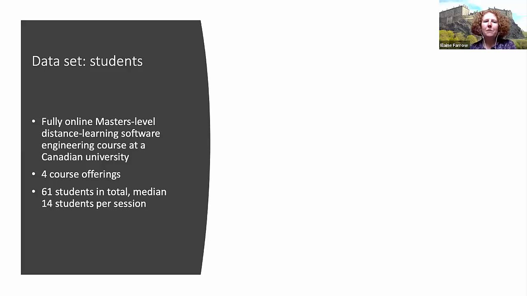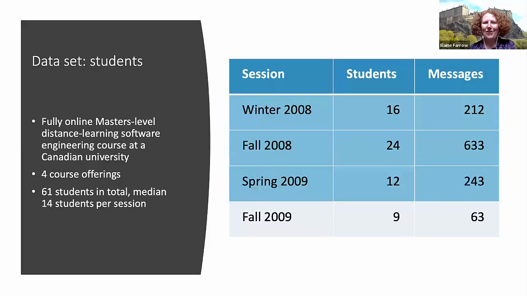The data set that we used was from a fully online master's level distance learning software engineering course that ran at a Canadian university. We used 4 course offerings in this work, comprising 61 students in total with a median of 14 students per session. So as you can see, it's not a large MOOC scale course, it's a much smaller course than that.